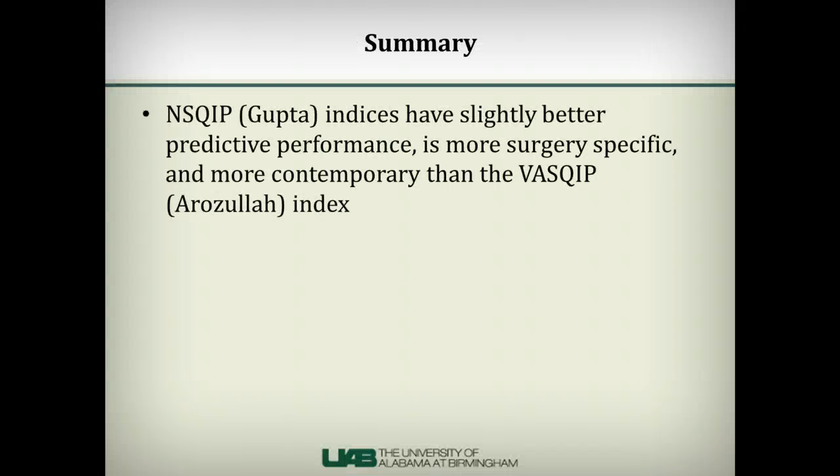I've tried to show you that the Gupta indices have slightly better predictive performance, probably not all that clinically important. It is more surgery specific, which I think is important, and a little bit more contemporary, though probably not that important. I think the bottom line is Gupta is much easier to use.